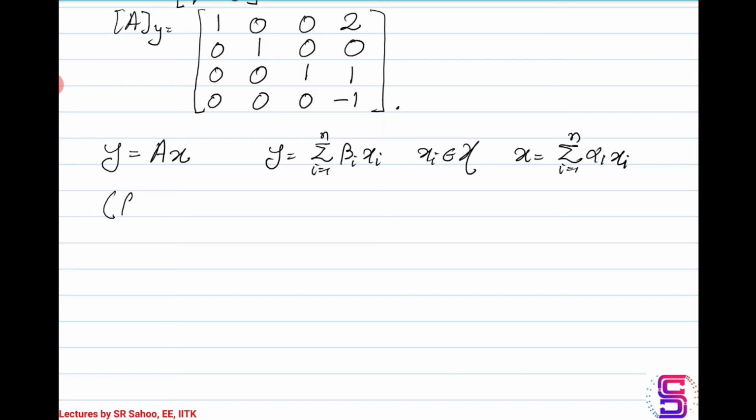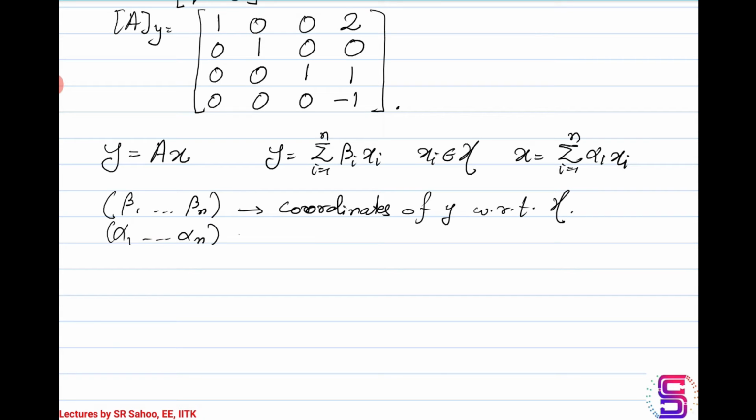So beta 1 till beta n are the coordinates of the vector y with respect to the basis x. Similarly, alpha 1 till alpha n can also be thought of as coordinates of the vector x with respect to the basis x. Okay.